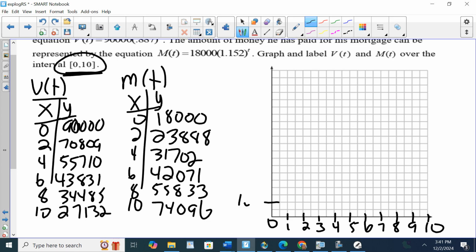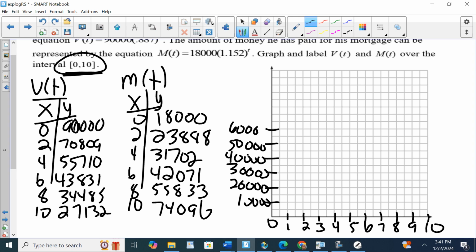So that's every box is worth 5,000. So that's 10,000, 20,000, 30,000, 40,000, 50,000, 60,000, 70,000, 80,000, 90,000, 100,000.